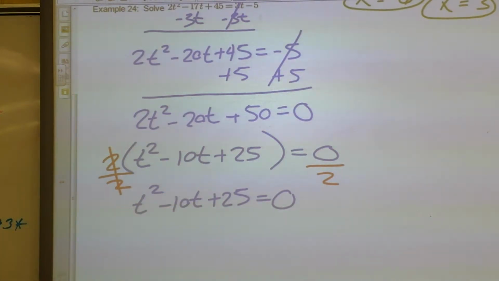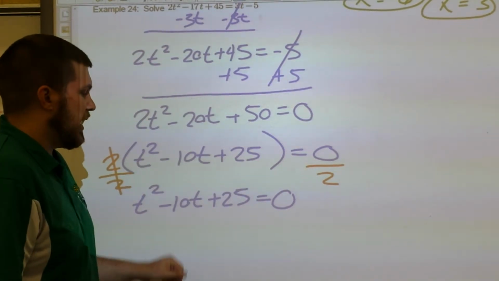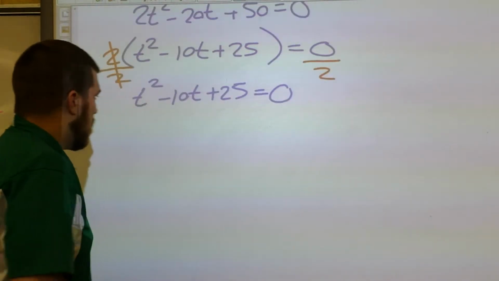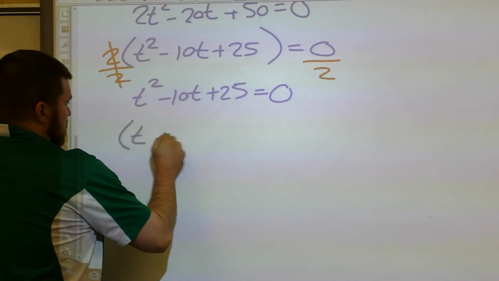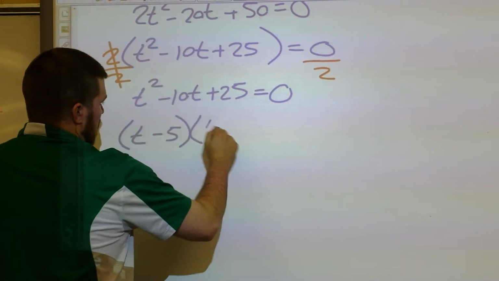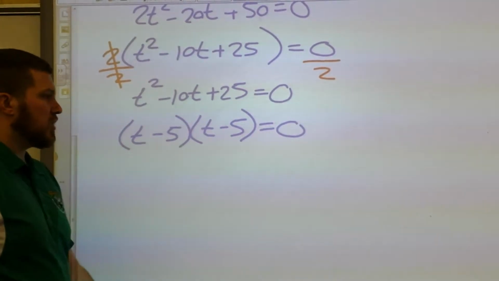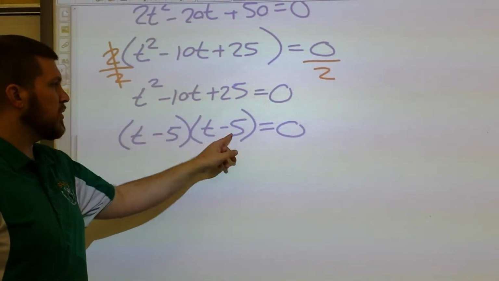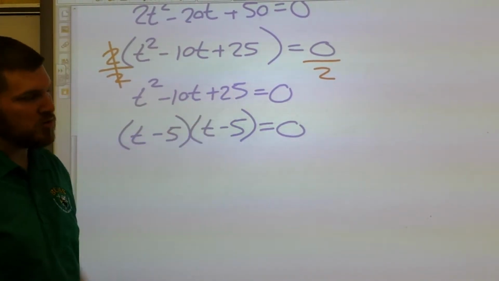I don't have a number in front of my t squared, which is good. So I'm looking for factors of 25 that'll add up to negative 10. Again, if you're good at factoring, this is not a big deal. It just becomes t minus 5 and t minus 5, and that's still equal to 0. We can double check ourselves by first multiplying our numbers to get positive 25, which will work. Negative 5 and negative 5 is positive 25.